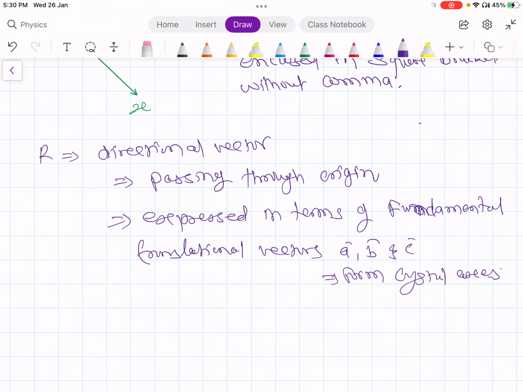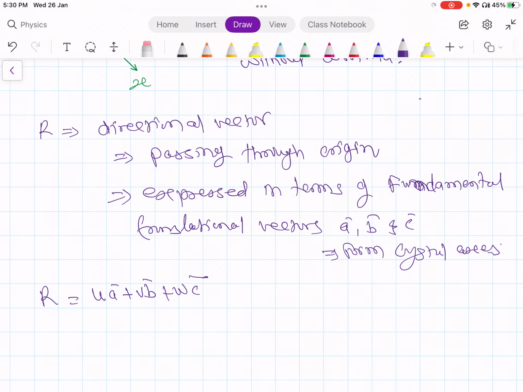So let's write R. R is equal to U A bar plus V B bar plus W C bar. In this case, A bar, B bar and C bar, as I said, are fundamental translational vectors, and U, V and W are integers.